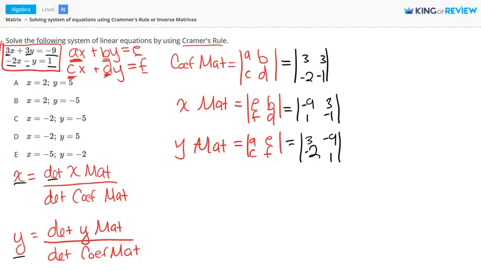So we've set up our matrices, but notice when we're solving for x and y, we want to find the determinants of these matrices. To find the determinant of a matrix, you find the product of the main diagonal and subtract the product of the other diagonal.